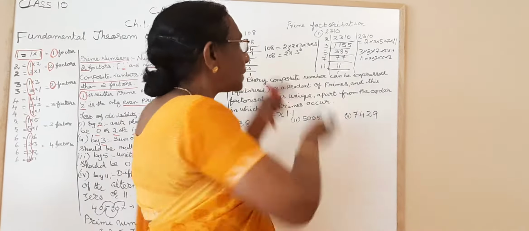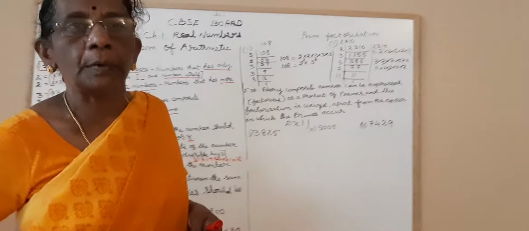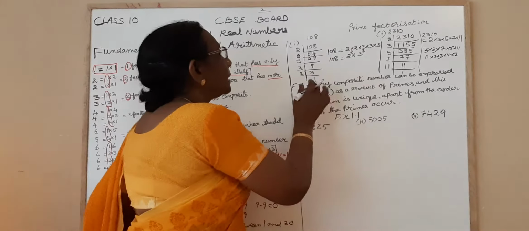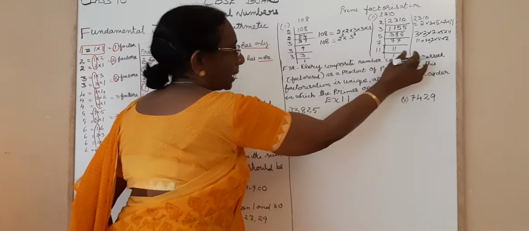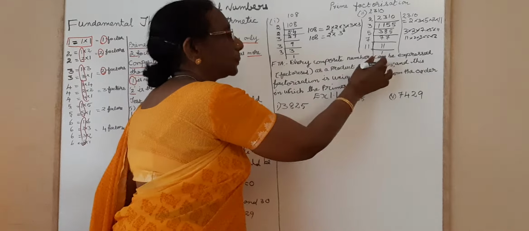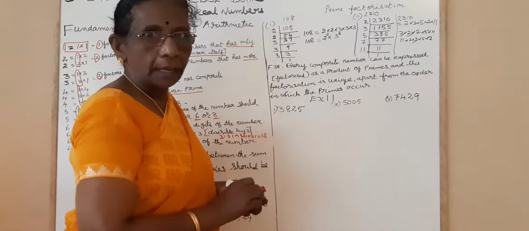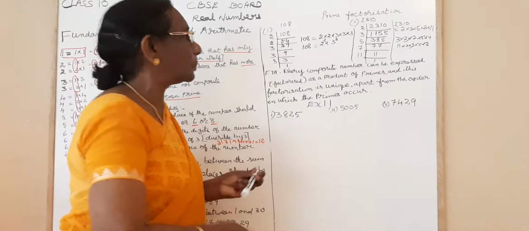Have you understood? So let us generalize that. This is called the fundamental theorem of arithmetic. What? Every composite number can be expressed or factorized as a product of primes. And this factorization is what? Unique. All of you know the meaning.